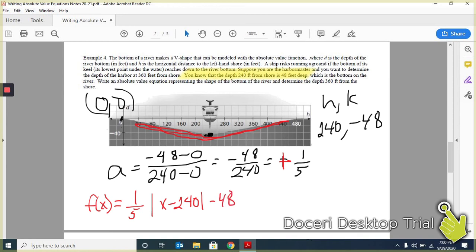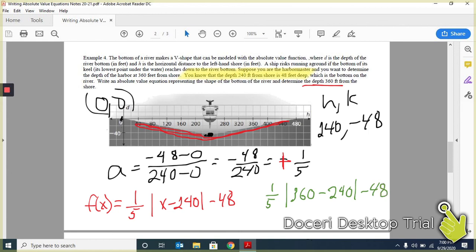And then it wants me to determine the depth at 360 feet. So I take my same equation, 1/5. Let me do a different color here. Let's do green. 1/5 absolute value of 360 minus 240, minus 48.